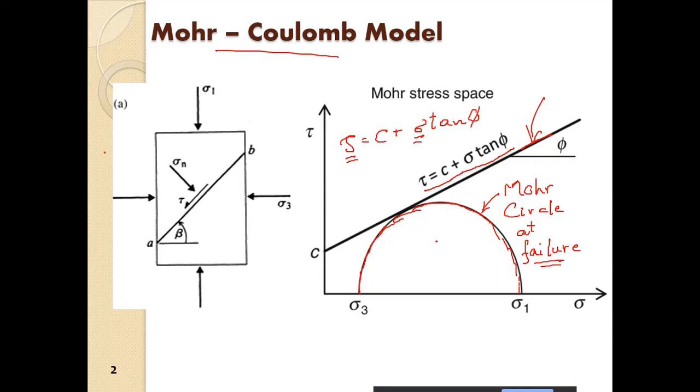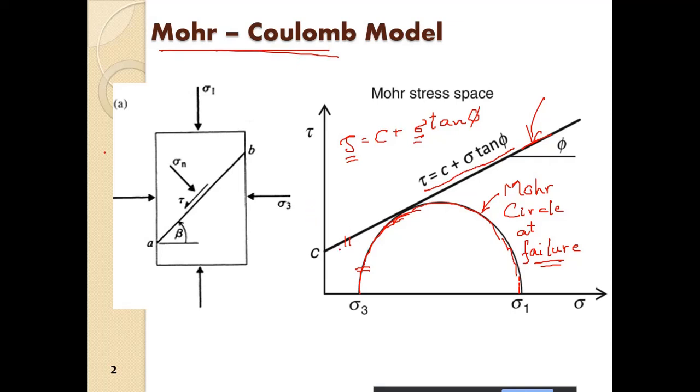But first of all, we have to understand that the Mohr circle is basically the representation of the stress state within the element. We should not put the two elements together. This is a separate element and this is a separate element. Together, they form the Mohr-Coulomb model.